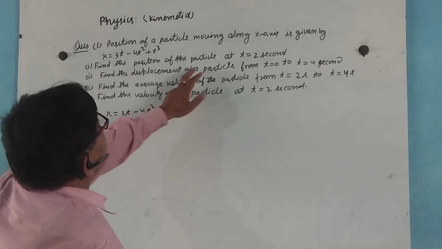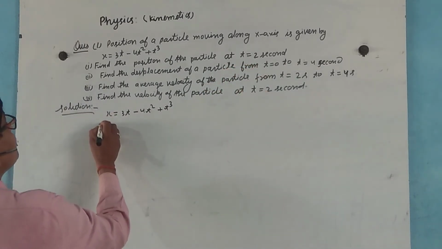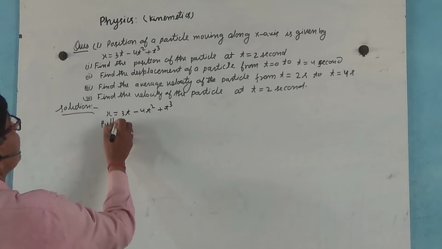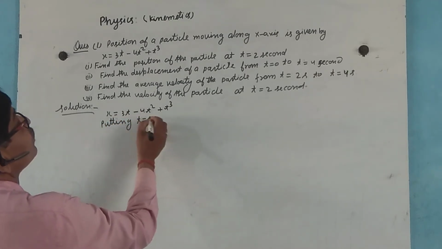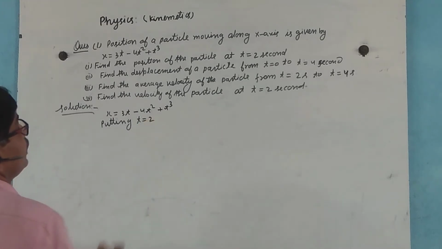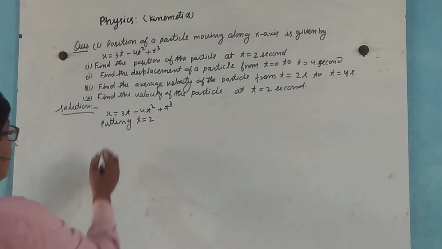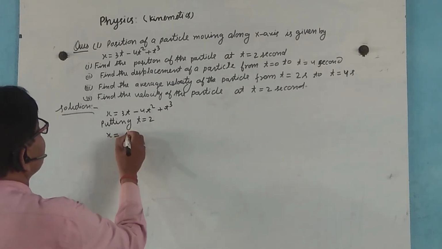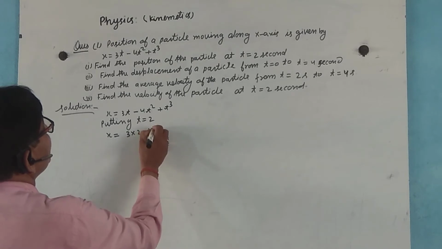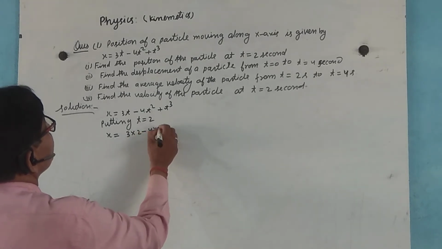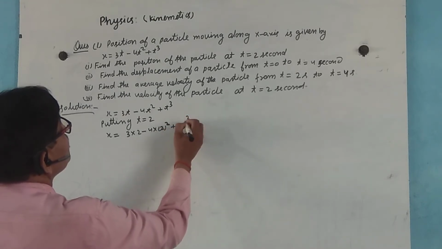Find the position of the particle at t equal to 2. Putting t equal to 2 here, x equal to 3 into 2 minus 4 into 2 square plus 2 to the power 3.